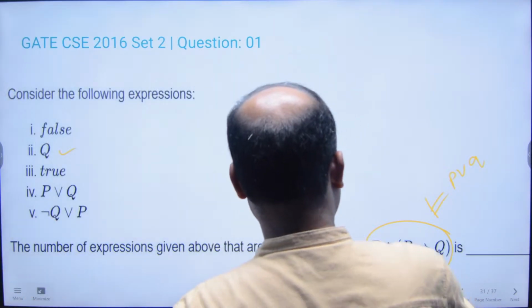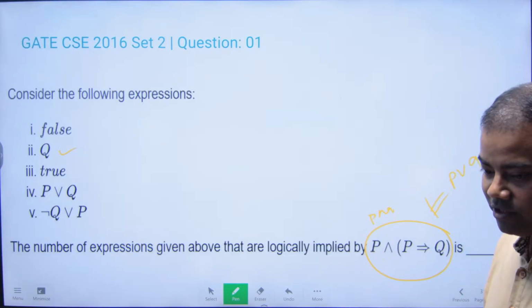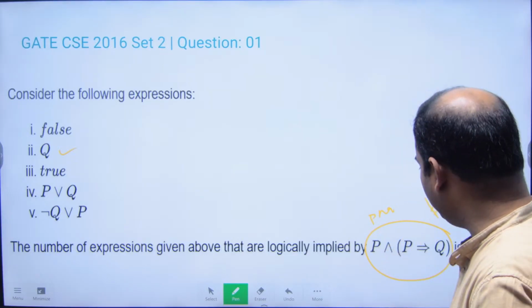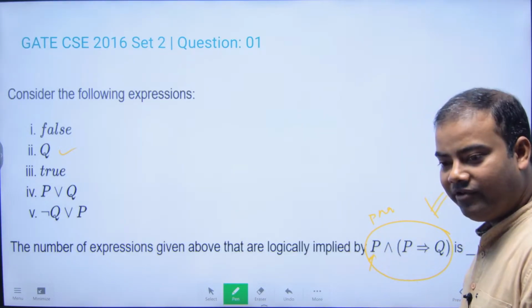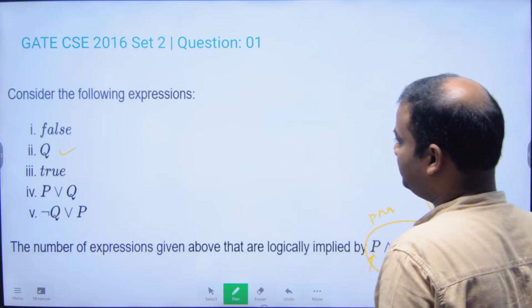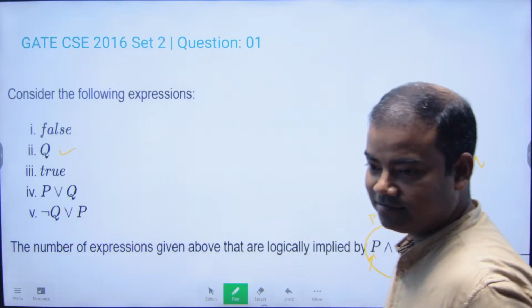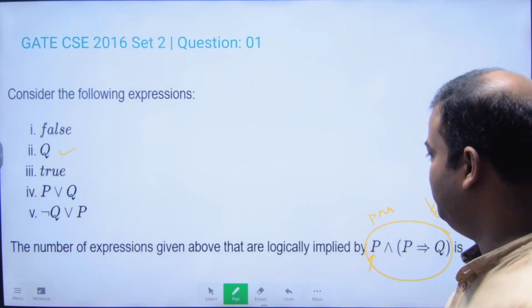So from this we can see that this is equivalent to P and Q. P is also true and Q is also true. P is true because here it is already given, and Q is also true because of this. Now you have to tell, from this can you conclude these things? Means which among them is true? Number of expressions.